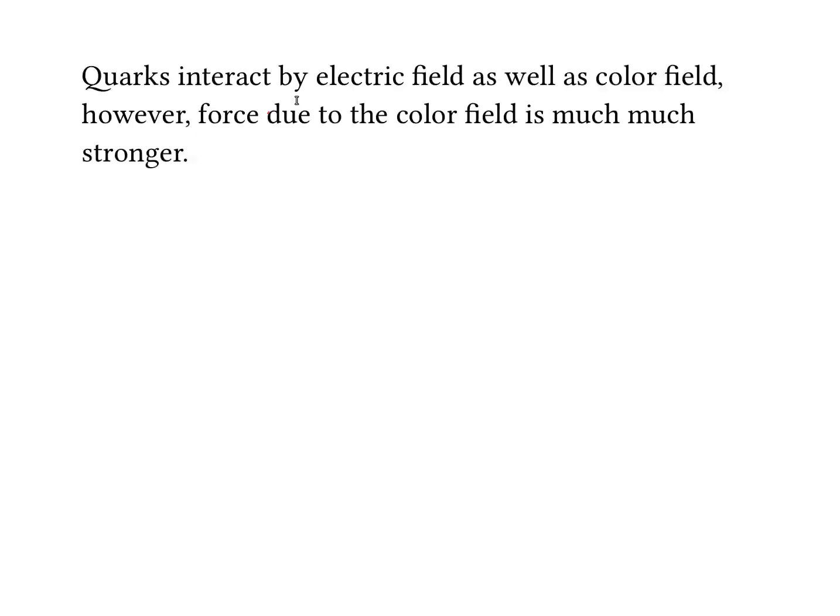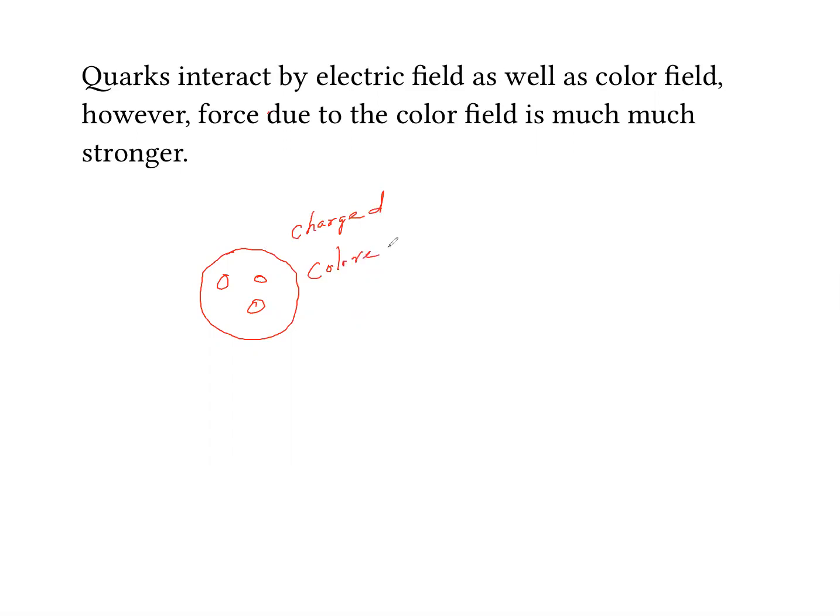So the quarks interact by electric field. Now, let's say we have a proton. There are quarks inside the proton, and these quarks have charge. They are charged particles as well as color particles. So they interact via the electric field because of the charge, and they interact via the color force also.